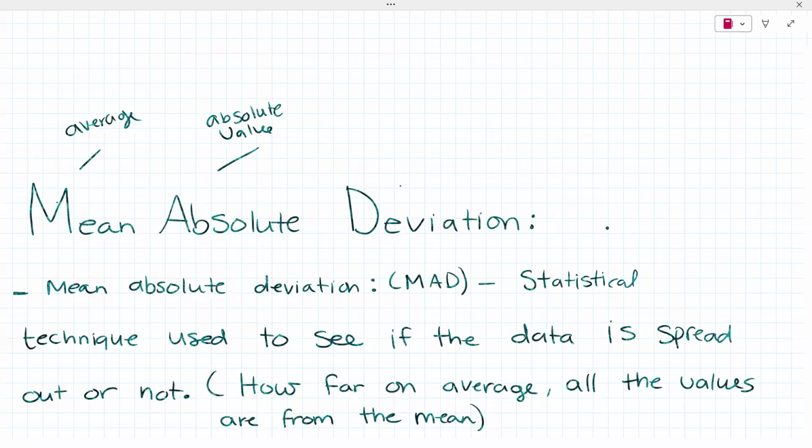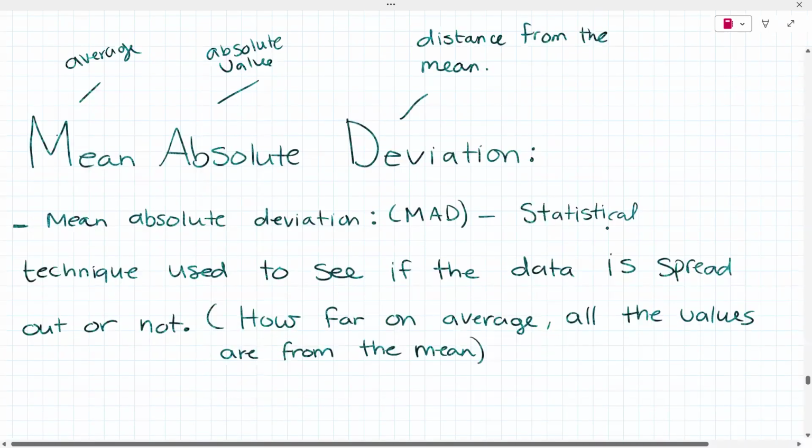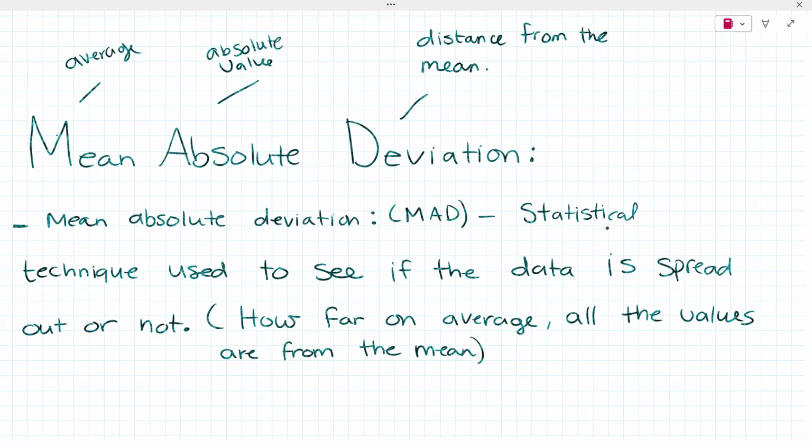And then we know that deviation means distance away from the mean. Mean absolute deviation, also known as MAD, is a statistical technique used to see if the data is spread out or not. It's basically how far on average all the values are from the mean.